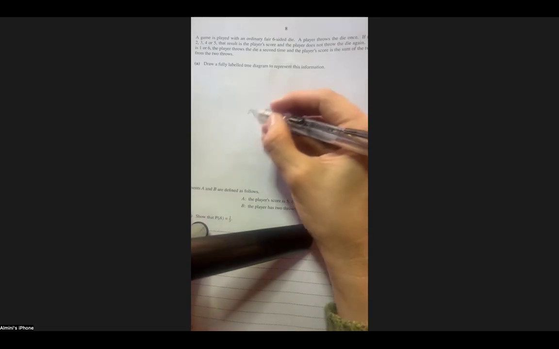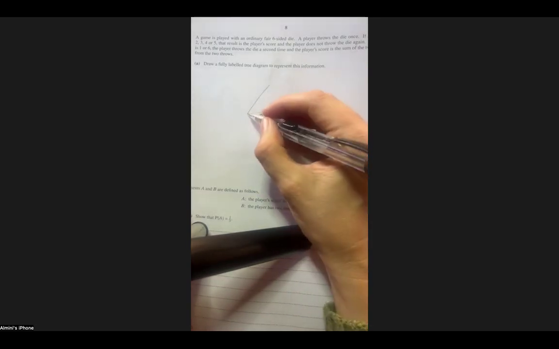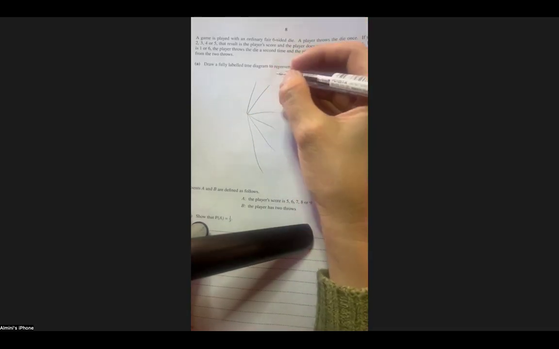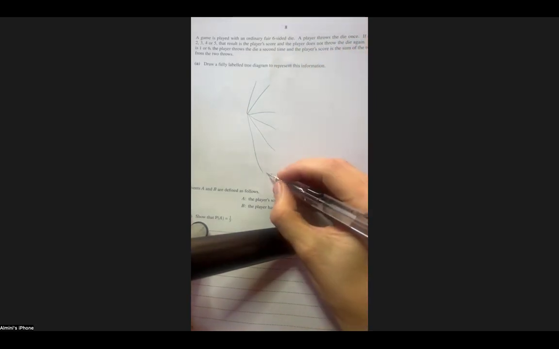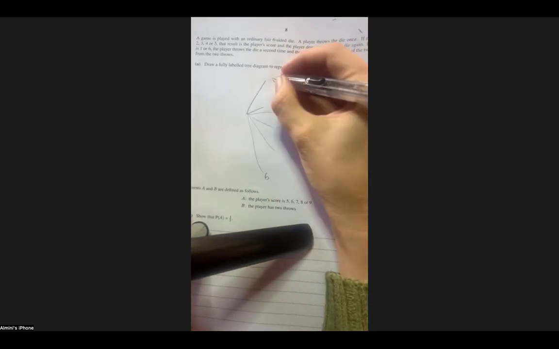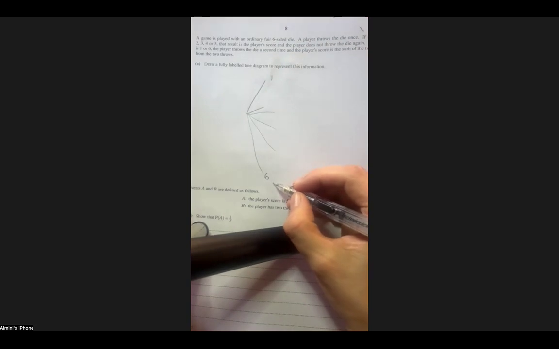So if you draw a nice tree diagram, please don't make your tree diagram throw 1 and throw 2. That'll be terrible. So here, I must maybe just make some more space for myself because I know this one's going to be really big, and I know this one's going to be really big. Because if you throw a 1 or a 6, you have to throw again.